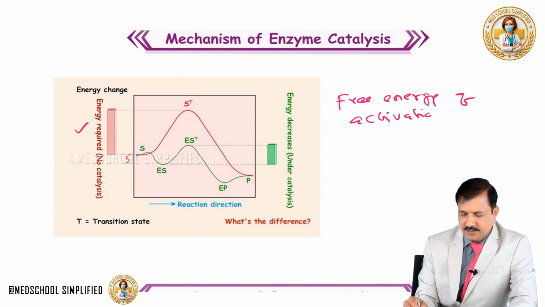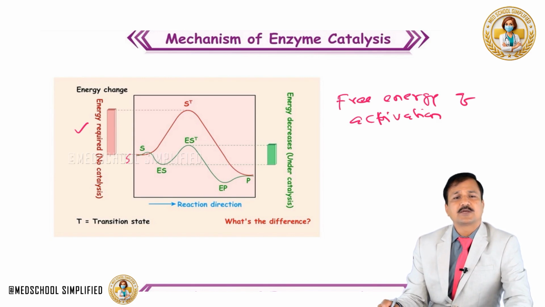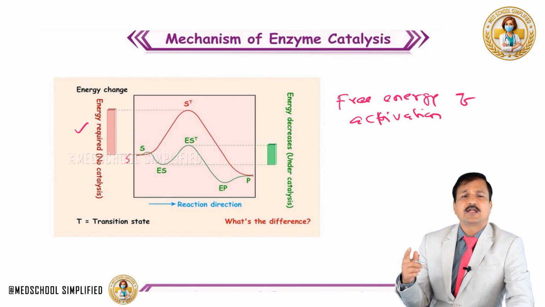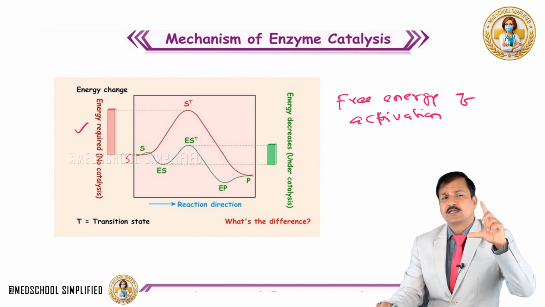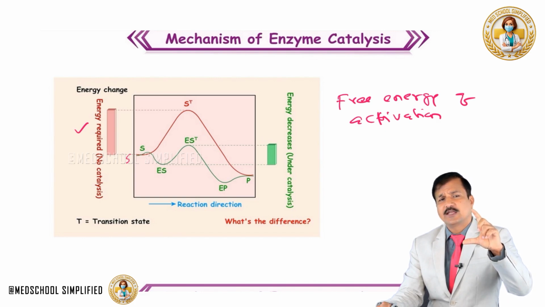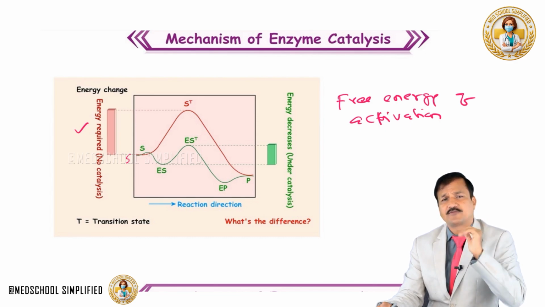This free energy of activation is what takes the substrate into the transition state and facilitates product formation. This happens in the absence of enzyme. Only the free energy of activation needed there is much higher. That's why the conversion of substrate into product slows down. It takes a lot of time.